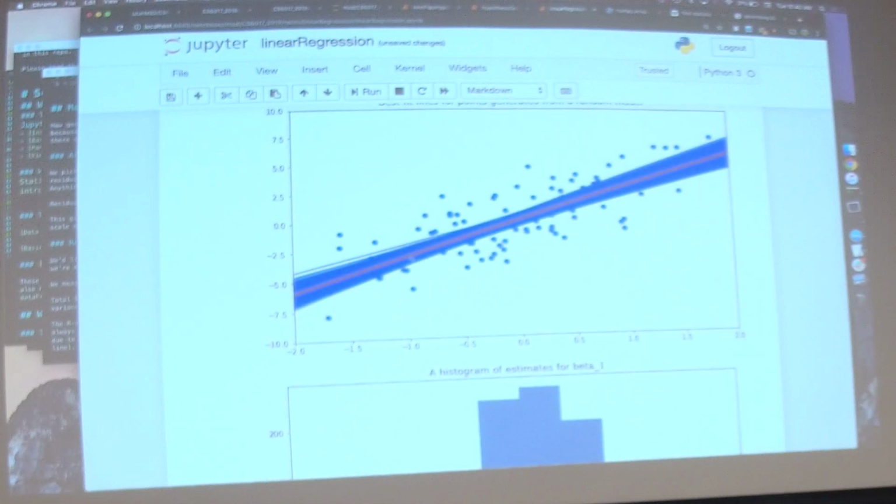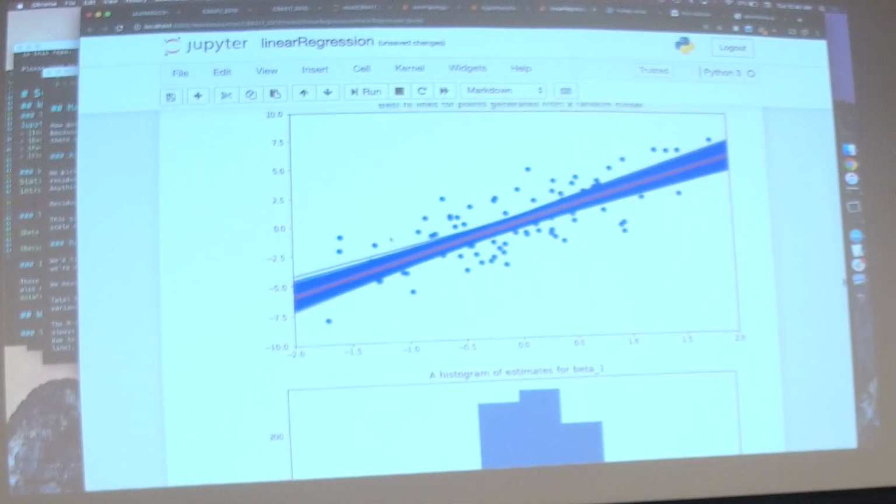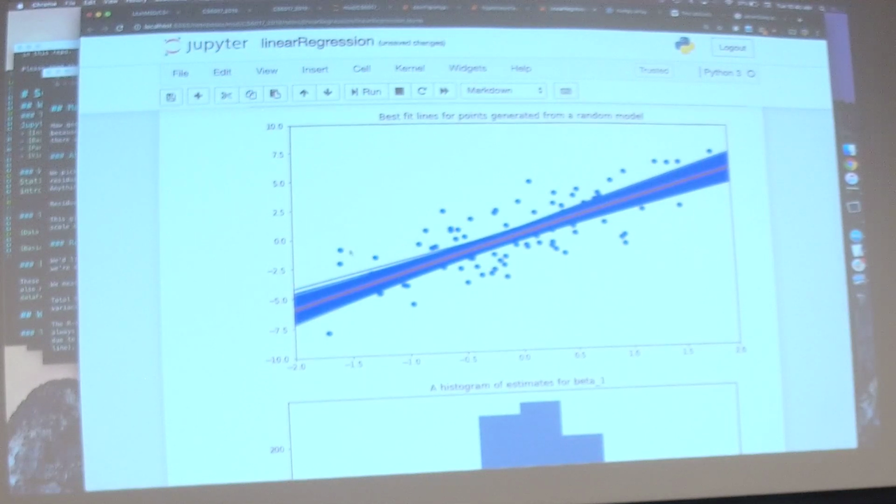These blue lines, each one is a fit for 100 data points that all come from the same distribution. As you can see, there's some variability in the slope and the intercept, because the data varies.